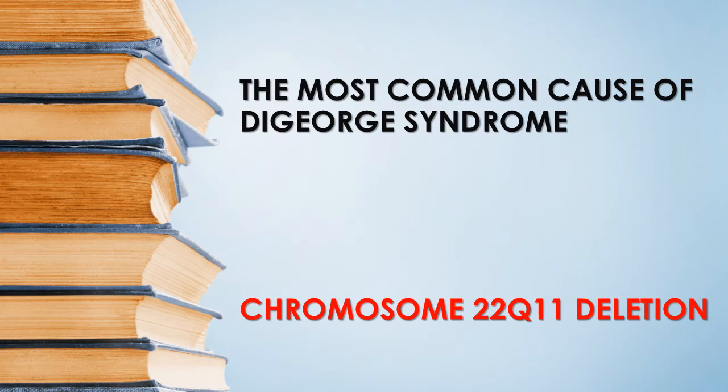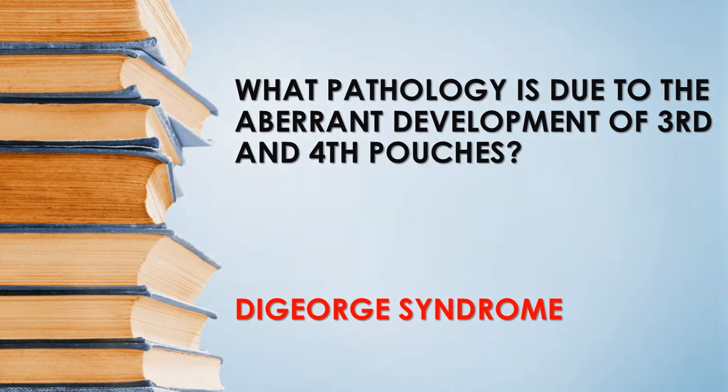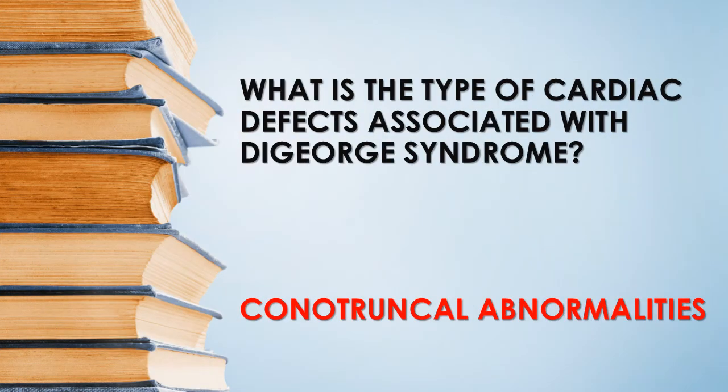The most common cause of DiGeorge syndrome: chromosome 22q11 deletion. What pathology is due to the aberrant development of third and fourth pouches? DiGeorge syndrome. What is the type of cardiac defects associated with DiGeorge syndrome?